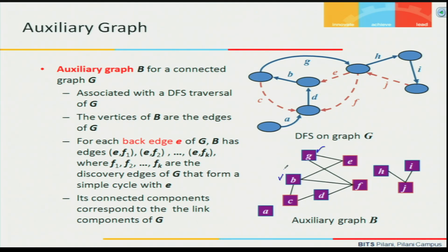and one can then form this auxiliary graph. For example, if you look at C, C is going to be related to B and D, because C, B, D forms a simple cycle.